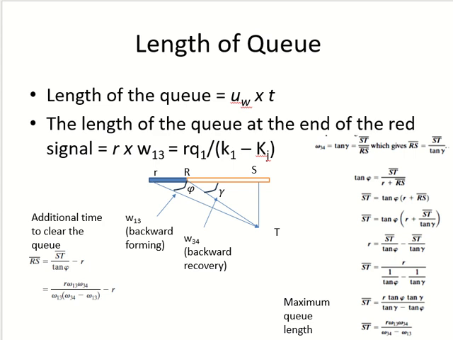Now we come here. The recovery shock wave we represent with omega 3/4. Omega 3/4 is a recovery wave. The speed will be the slope of distance and time.